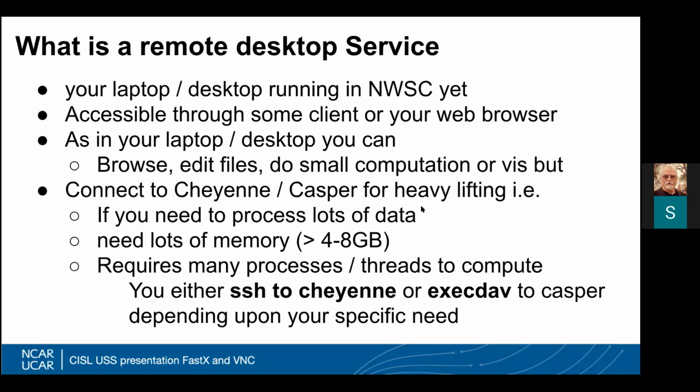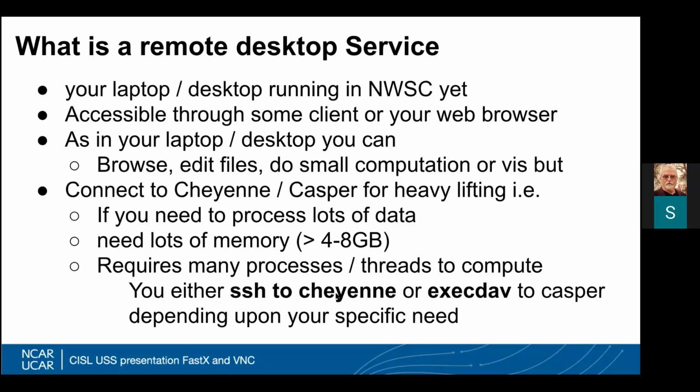For example, you are processing lots of data or need lots of memory that is greater than 4 or 8 GB, or requiring many processes. You can either SSH directly, this passwordless SSH directly to Cheyenne or Casper, and then go from there.